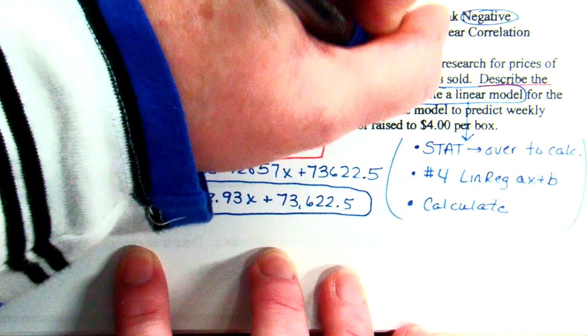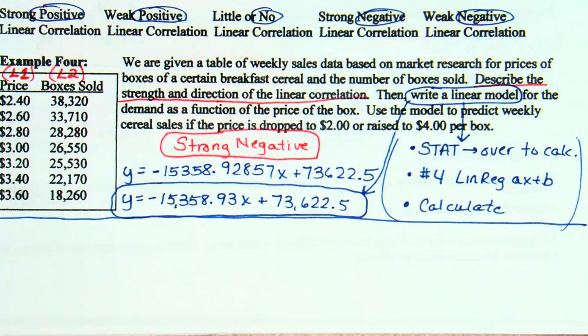So on the first one, if we use x equals 2, then you're doing y equals negative 15,358.93 times 2, because it says the price dropped to $2 a box, plus 73,622.5.